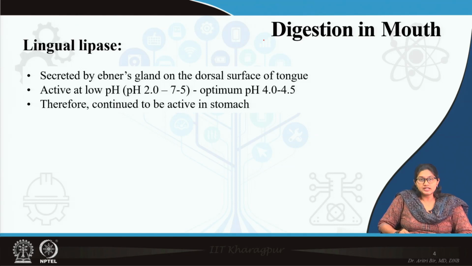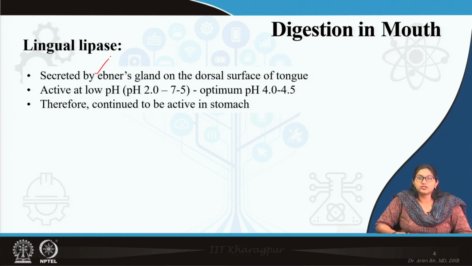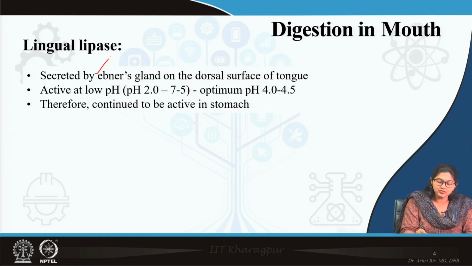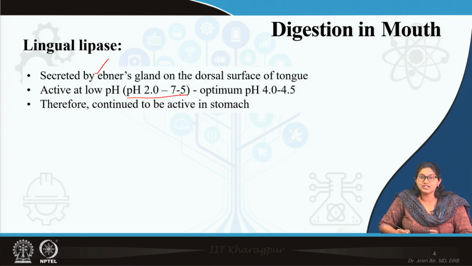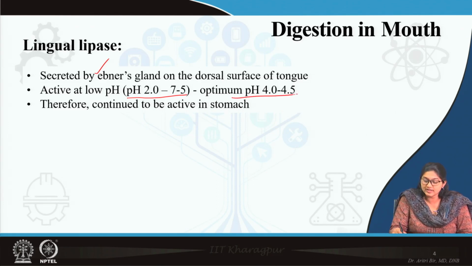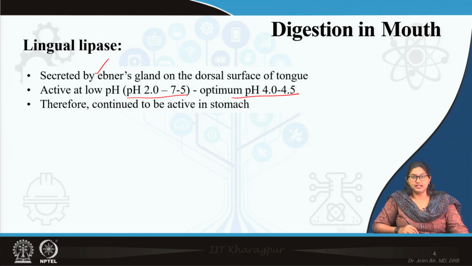This lingual lipase is secreted from Ebner's gland, which is situated on the dorsal surface of the tongue. The enzyme works in low pH, mostly pH 2 to 7.5, but the optimum range is 4 to 4.5. So, basically it works in acidic pH, and you all know that the content of the stomach is acidic. So, lingual lipase can even be active in the stomach as well.